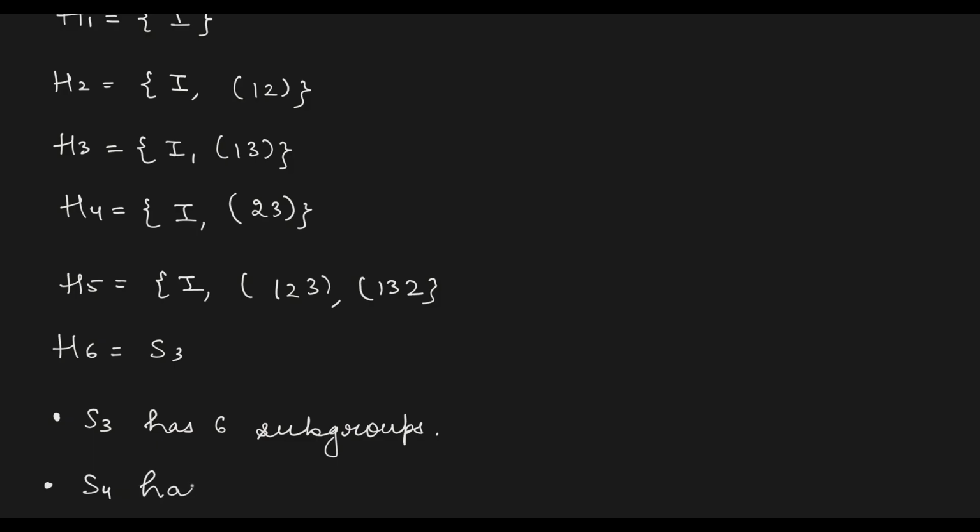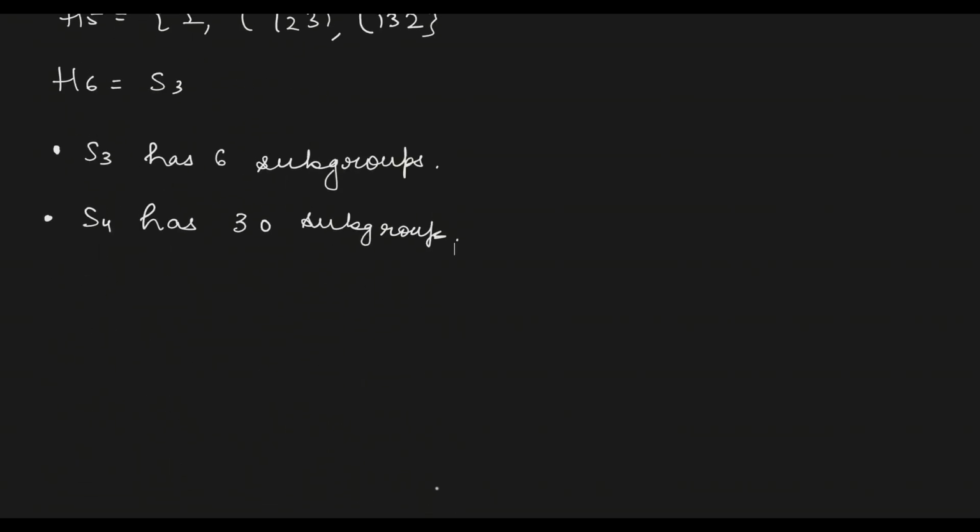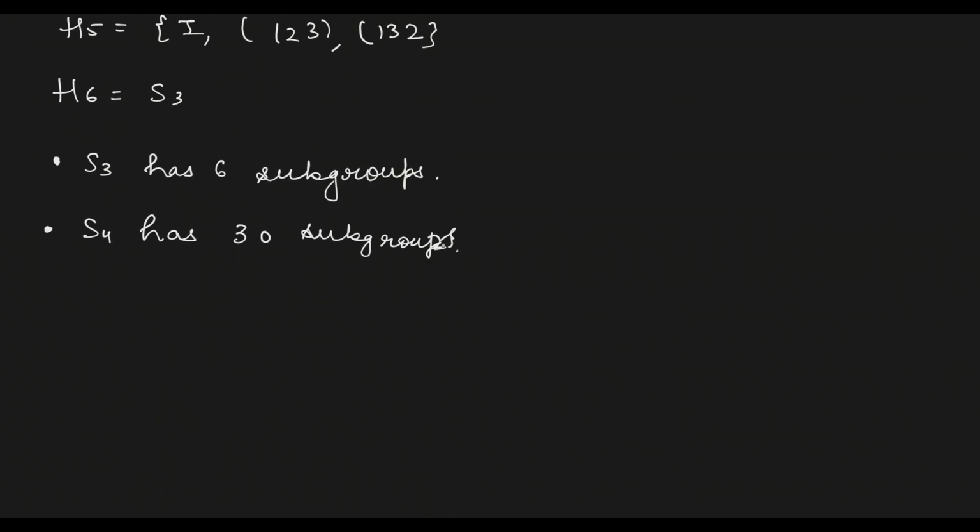If you look at S4, then it will have 30 subgroups. S5 has 100 subgroups.